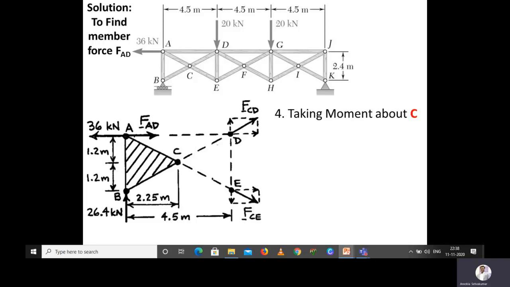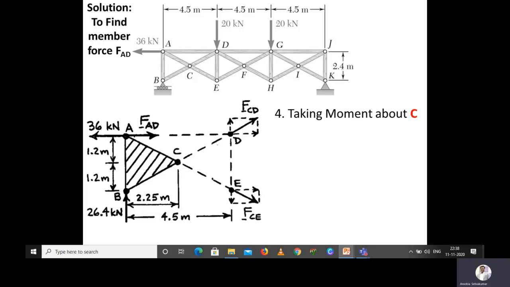Similarly, if you are taking moment about C, FCE also will be 0 as we discussed in the class. So FCE also will be transferred to the point C as per the principle of transmissibility. So the moment about that point also will be equal to 0 due to the force FCE.